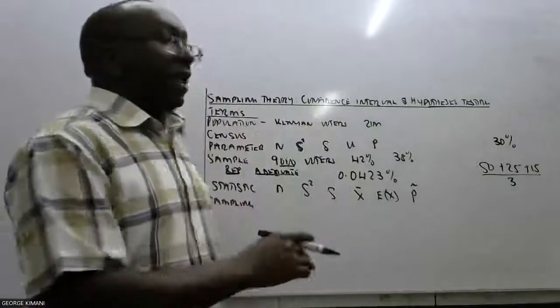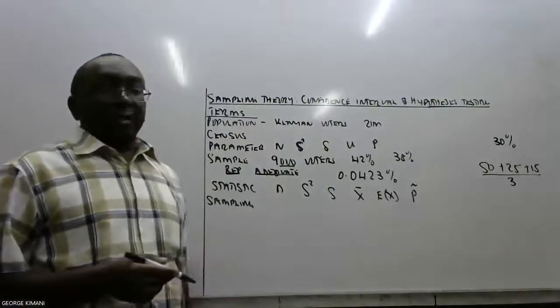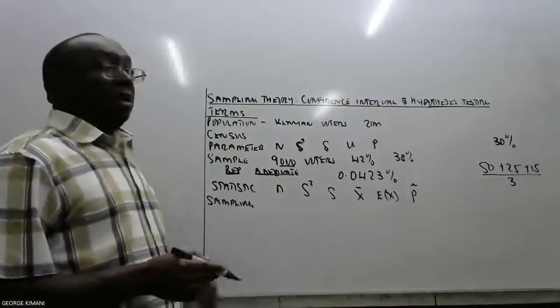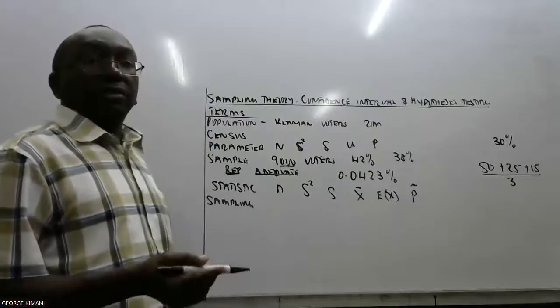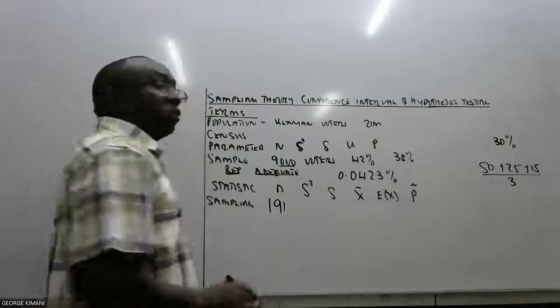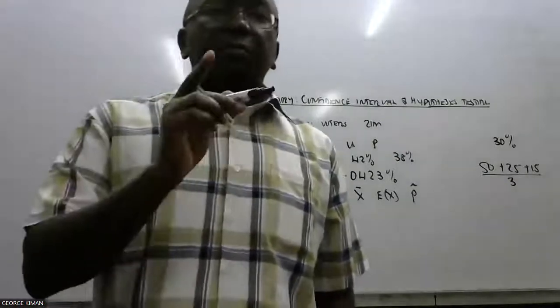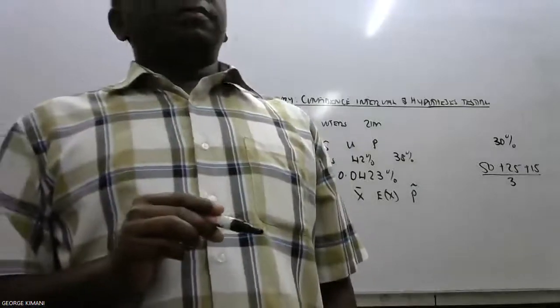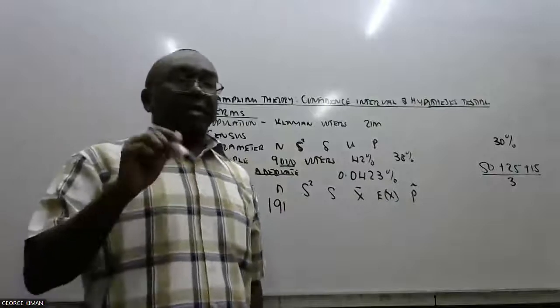Now, if you divide this by 47, it is around 191. So how did they go to Murang'a and identify 191 people? How did they come to Nairobi and get 191 people?